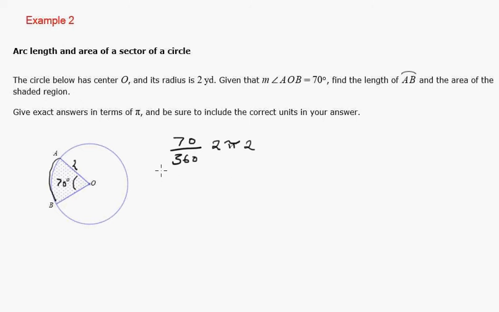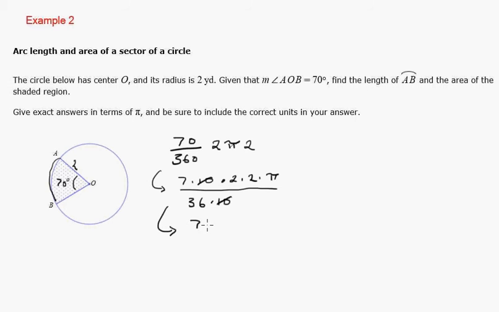From here we know that it's 7 times 10 times 2 times 2 times pi. All I did was move this 2 over here. And I'm going to divide by 360, which is 36 times 10. So the 10s go, and 2 times 2 is 4.